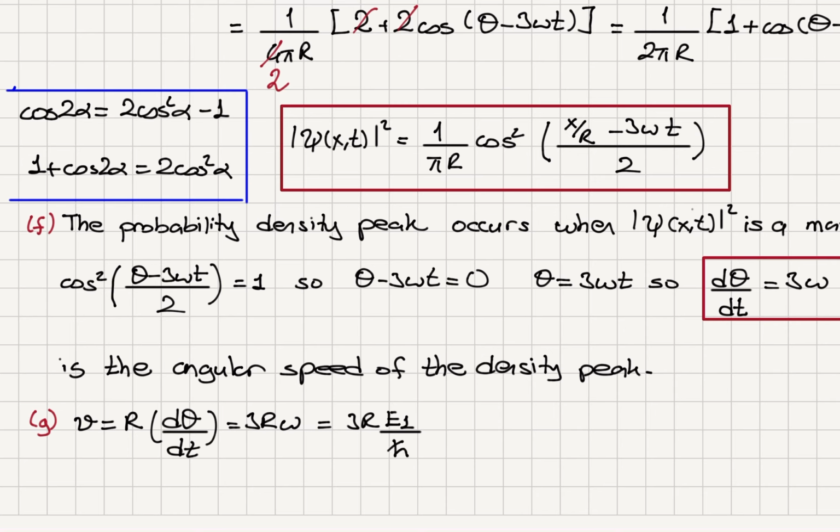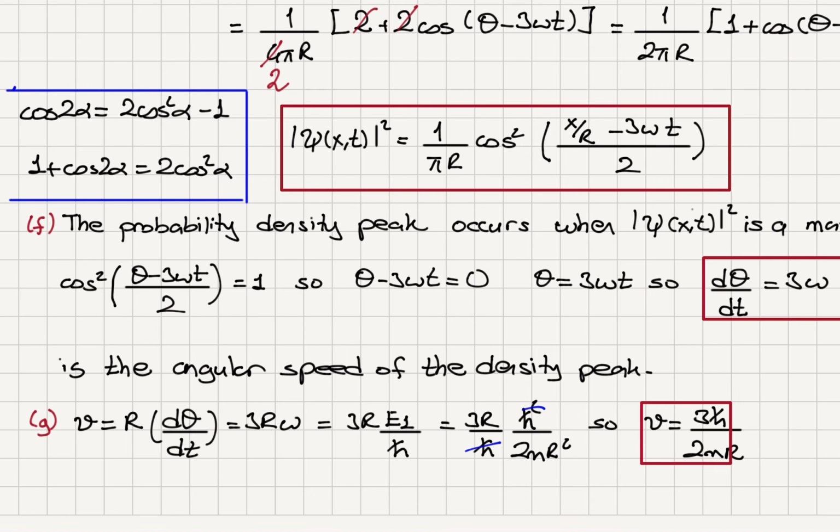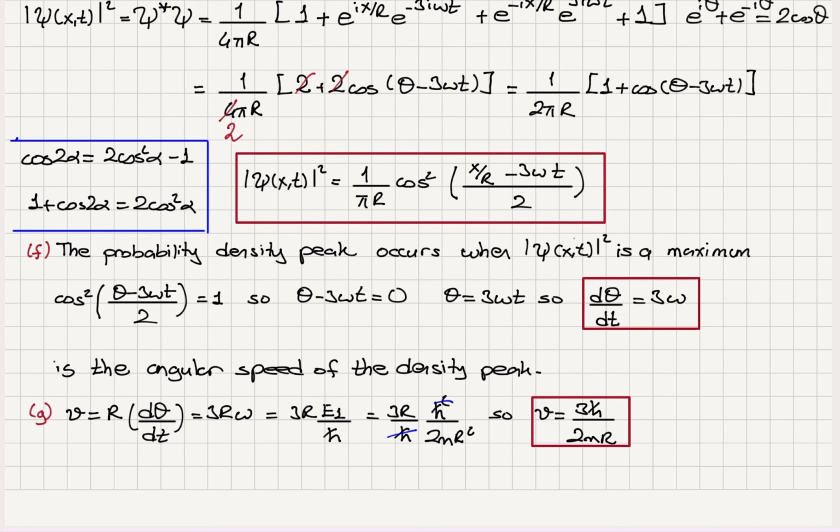So we have 3r over h bar multiplied by E1, which is h bar squared over 2m R squared. So these h bars will cancel and I will have v equal to 3 h bar divided by 2mr. That's the speed with which the probability density peak moves, the tangential speed.